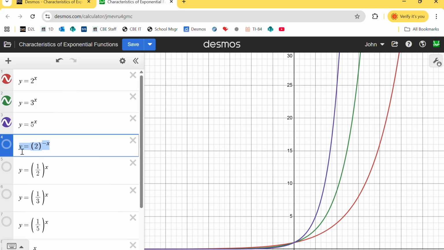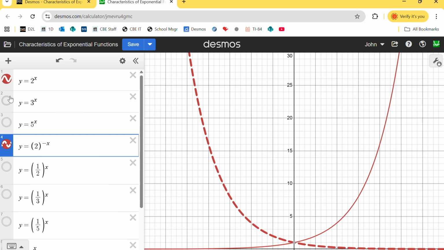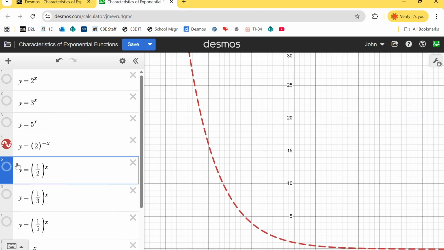That's a horizontal reflection in the y-axis. So watch this. Okay. So if I just turn this off, right, that's a reflection. Okay, so if I go like this, and I add a negative, that's a reflection.